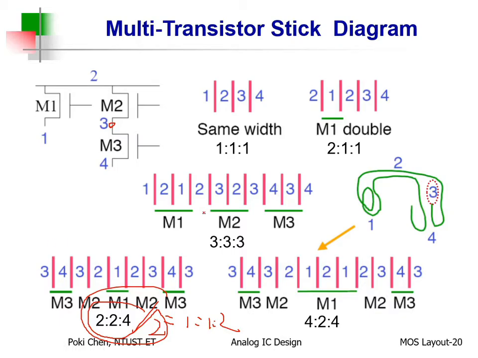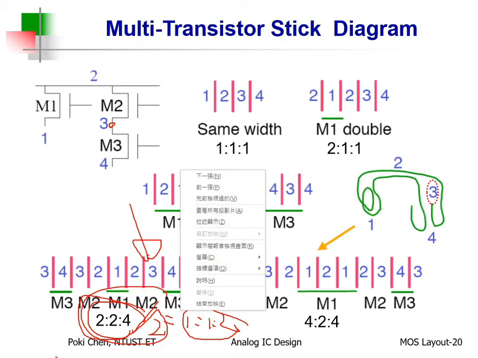Then do the one-stroke drawing for the first half, then reverse it for the second half. I promise you, it will become common centroid. Got it? Divide all the finger counts by 2, draw the first half, then draw the other half in reverse. It will definitely be common centroid. Allow me to show you this crazy but very good idea.